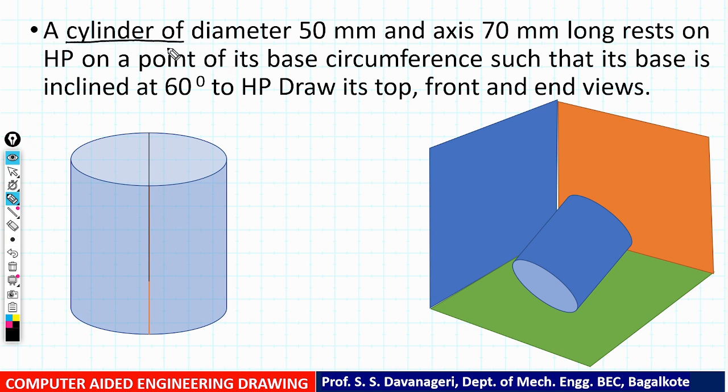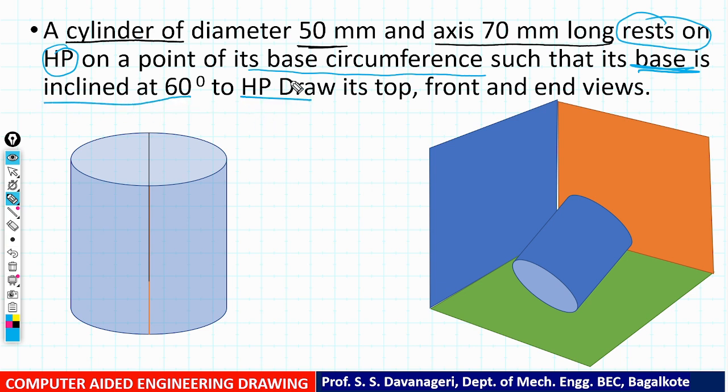A cylinder of 50 diameter and axis 70 long rests on HP on a point of its base circumference such that its base is inclined at 60 degrees to HP. Now draw its top, front and end views.